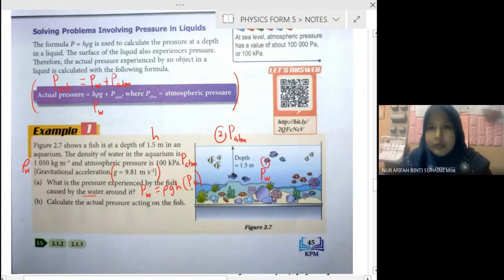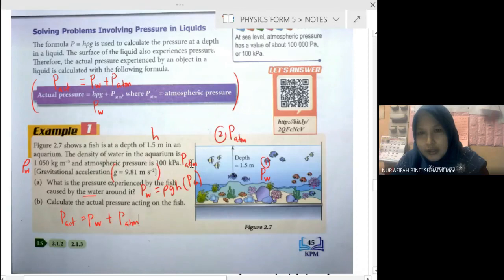Okay. Calculate the actual pressure. So actual pressure equals the pressure caused by water plus atmospheric pressure. Just add the atmospheric pressure given in the question, 100 kilopascal.